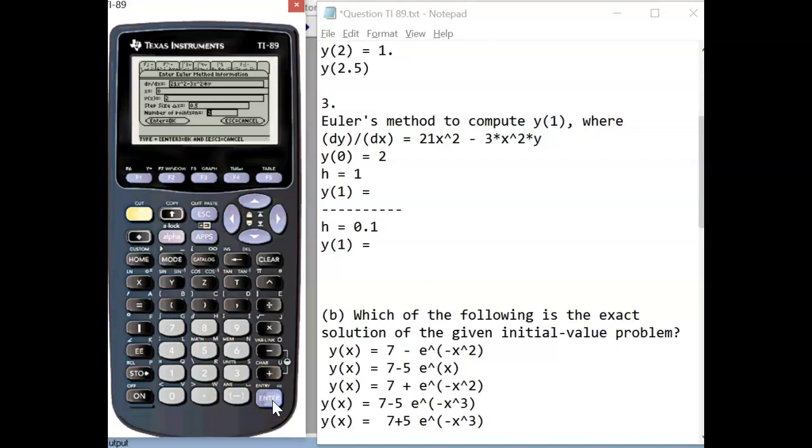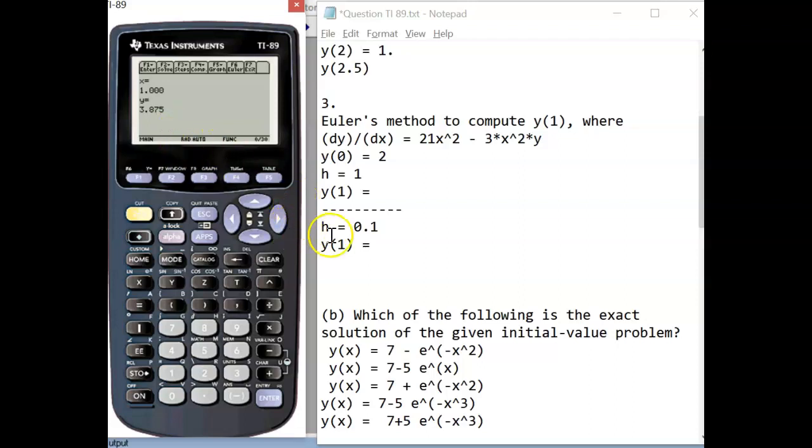So we enter that, and we now have to press enter twice, because the first point is at 0.5, and it's going to give us 2. And if we press enter again, we arrive at x equals 1 with a y approximation of 3.875.